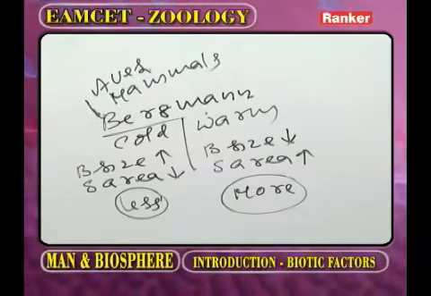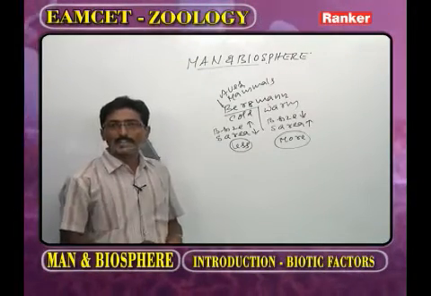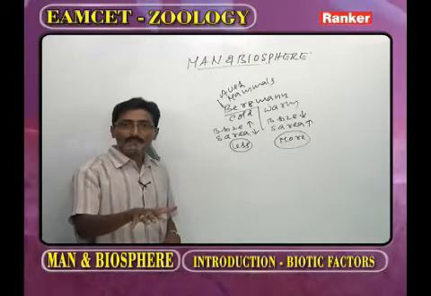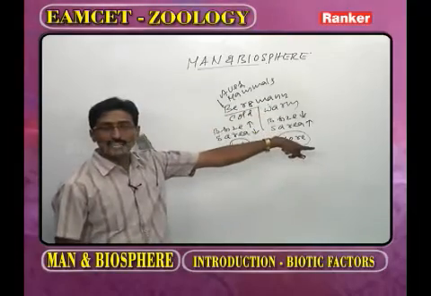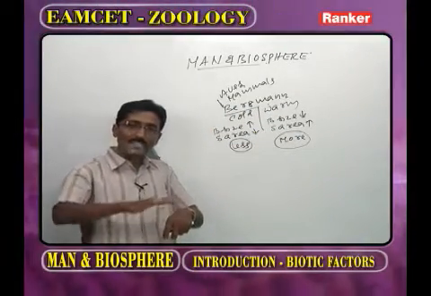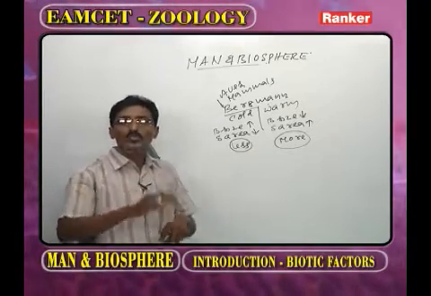What is the surface area? The surface area is calculated based on the number of blood capillaries. If fewer blood capillaries are present, the surface area is less. If more blood capillaries are present, the surface area is more. Through the surface area, the heat goes out.